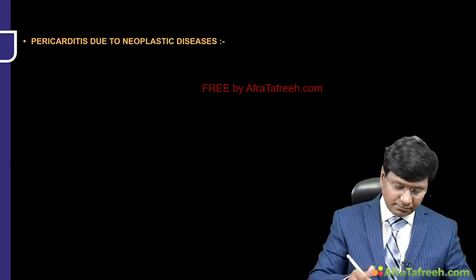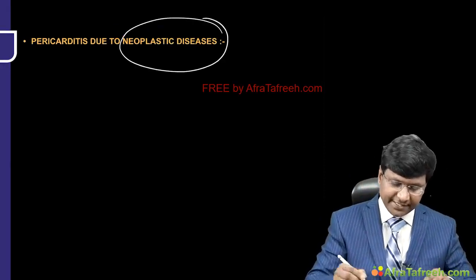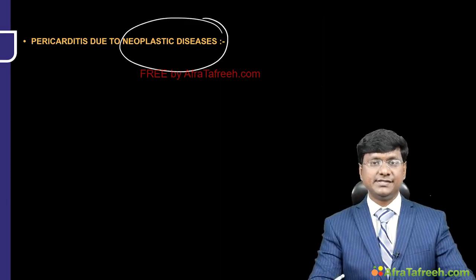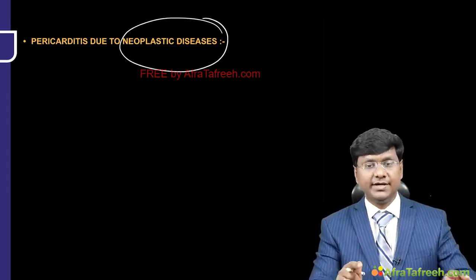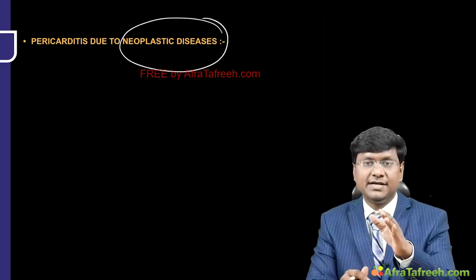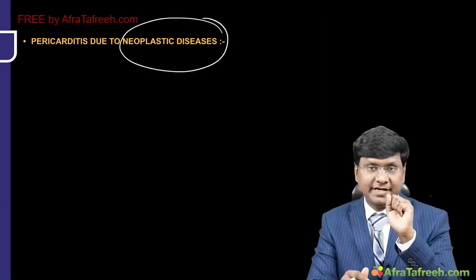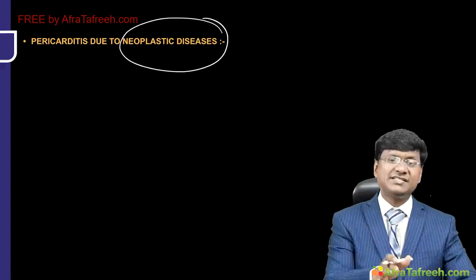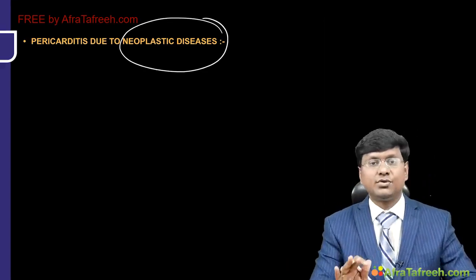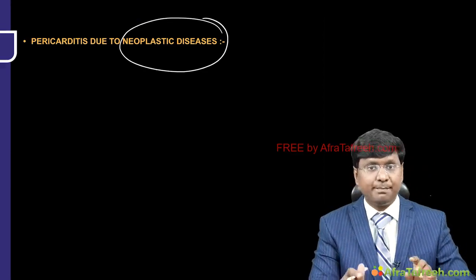Then you need to know the pericarditis due to neoplastic diseases. So you take the malignancies. You have benign and malignant conditions of the lung which can cause pericarditis, and apart from that, metastasis to the pericardium can also cause pericarditis.